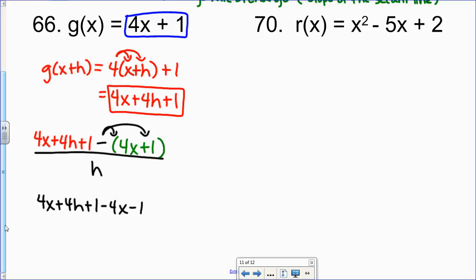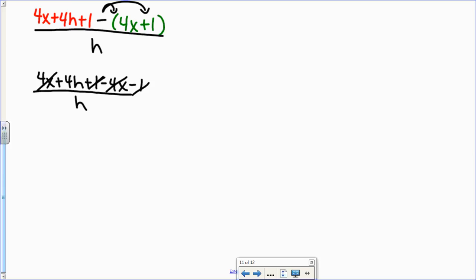Okay, so I distribute that negative over h. Now on the top, I want to combine like terms. 4x and negative 4x is 0. 1 and negative 1 is 0. So all I'm left with is 4h over h, which is 4.